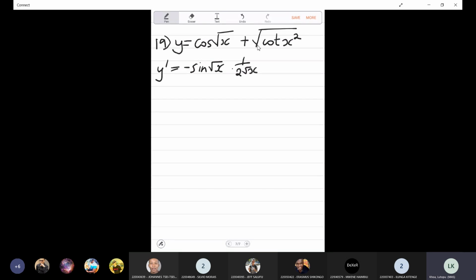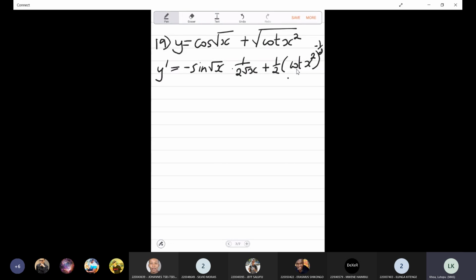Then this one on the outside, I have square root, or the power of half, so the half comes down at the top. I reduce the power by 1, so I should have half cot x squared to the power of minus a half, and then you multiply by the derivative of cot.